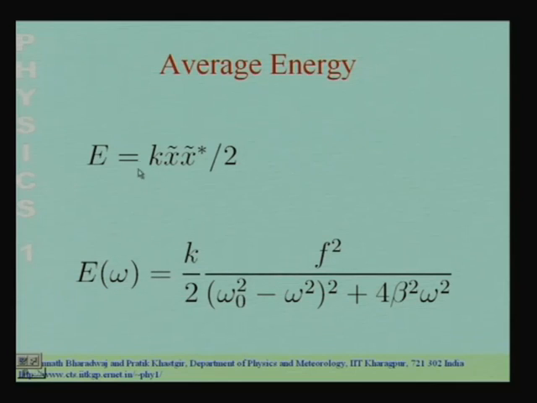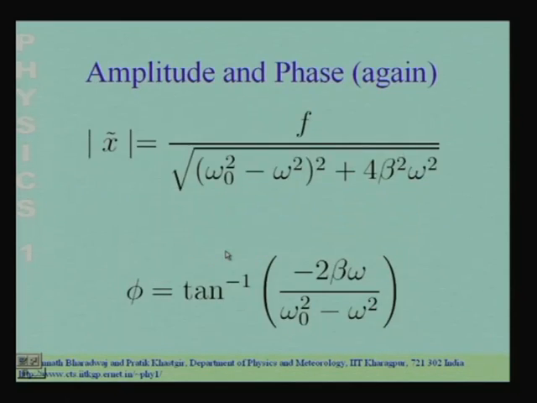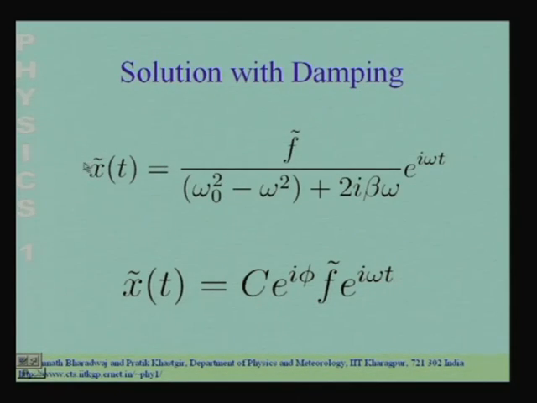So, if you calculate this, that is, if you calculate k into x into x star by 2, you have to take this expression for x, the complex x, and multiply it with its complex conjugate. If you multiply it with its complex conjugate, you will get f tilde multiplied by f tilde star, and this will be multiplied by the complex conjugate of the denominator.